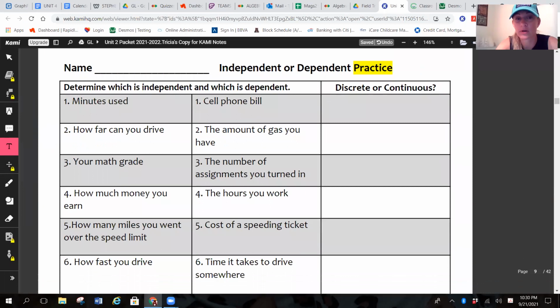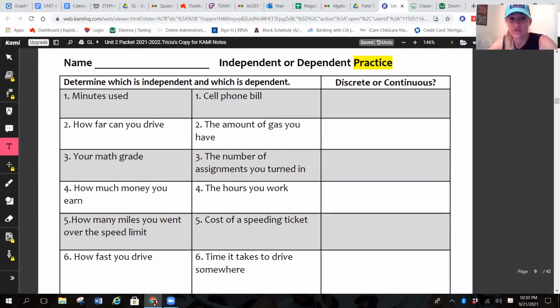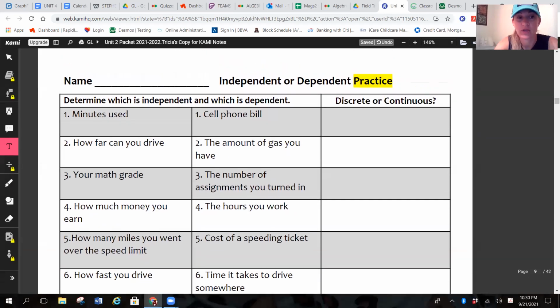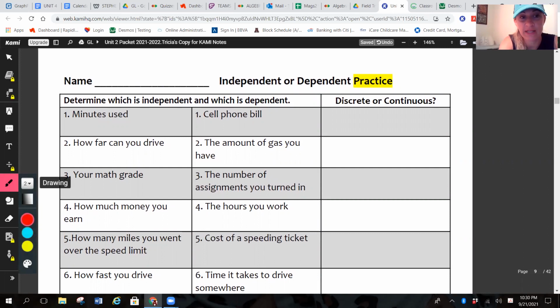Now in your homework, there are only 10. You're going to write, okay, the minutes I use my cell phone bill, which one do I have control over? Do I have control over the bill or do I have control over the minutes that I use? Yes, I have control over the bill.